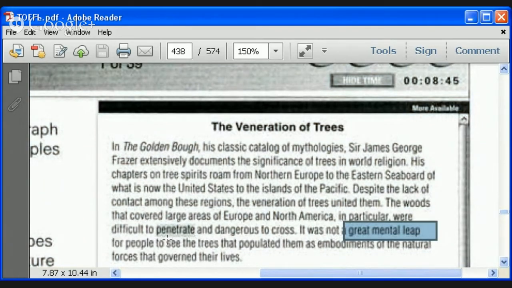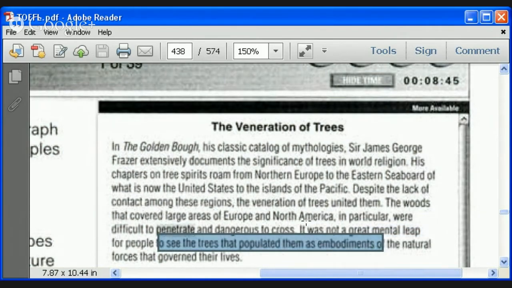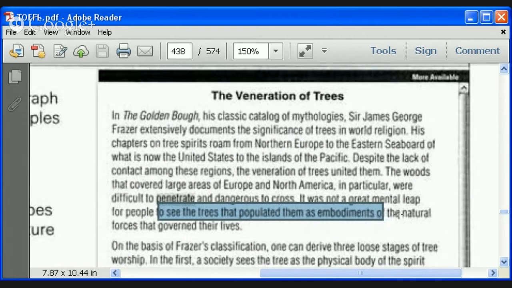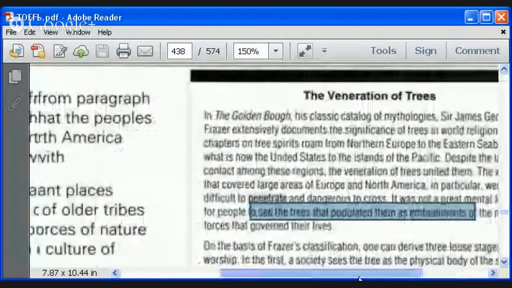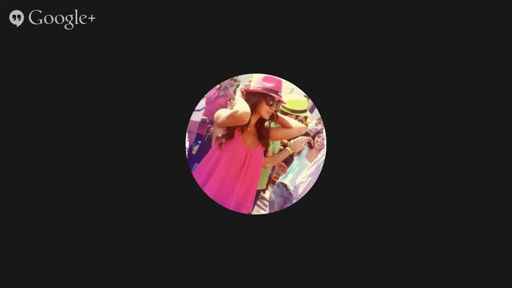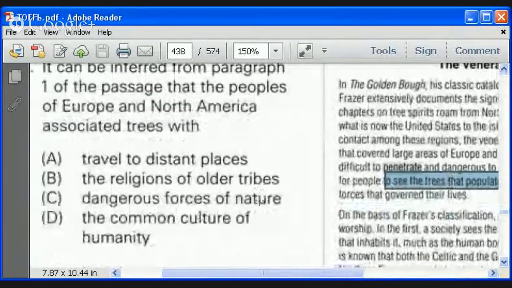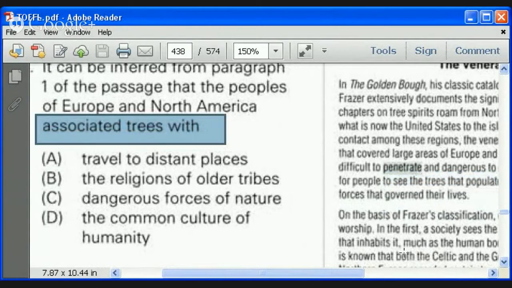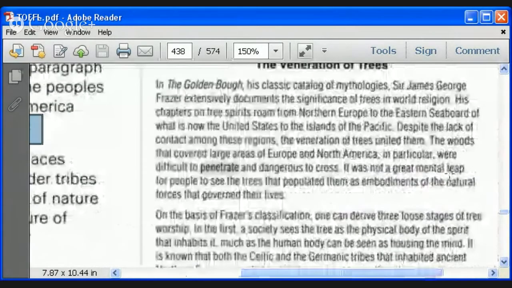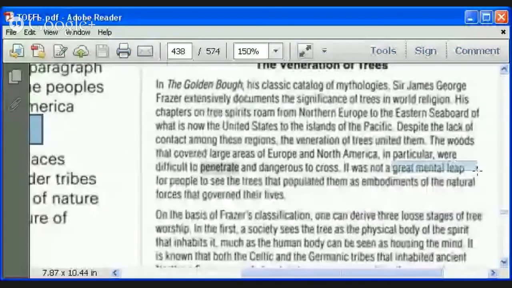See that trees populated them, forests that is, as embodiments of the natural forces that govern their lives. They associated trees with. I'm going to look for language that sounds like this, and I think I found it. To associate is to, okay, a great mental leap.